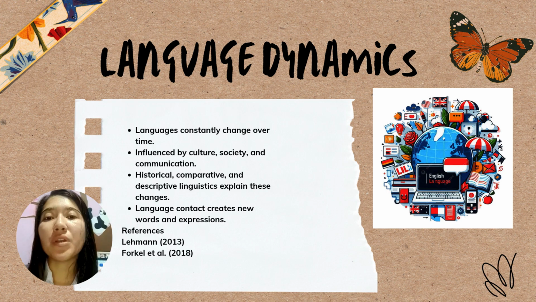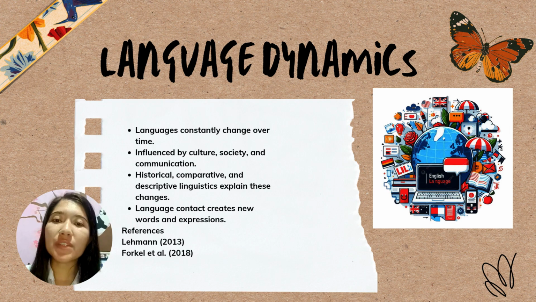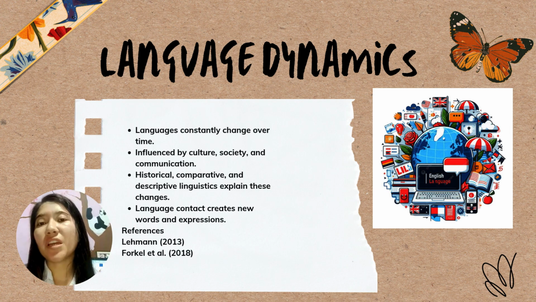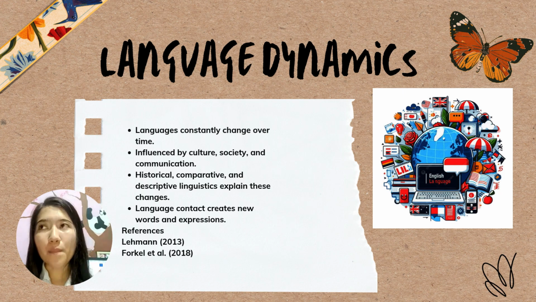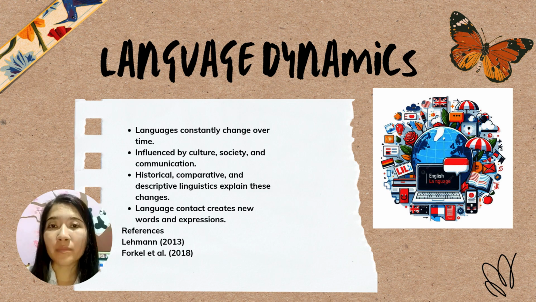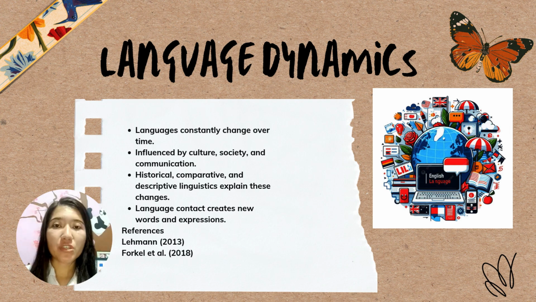Dynamics refer to the changes that language experiences over time. These changes are influenced by culture, society, technology, and communication between people. Historical linguistics explains how language evolved through time, comparative linguistics studies the relationship between languages, and descriptive linguistics describes how people use language today.